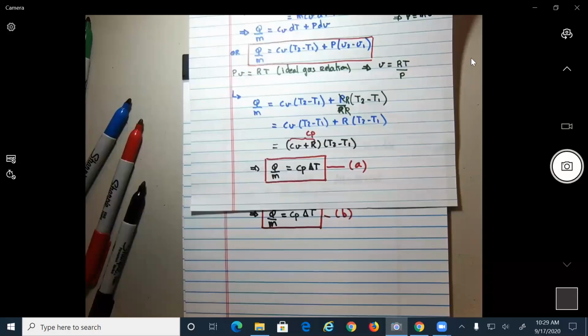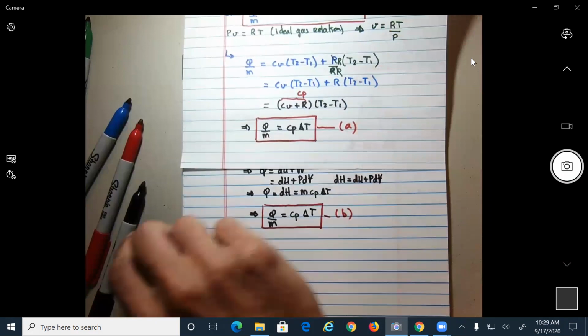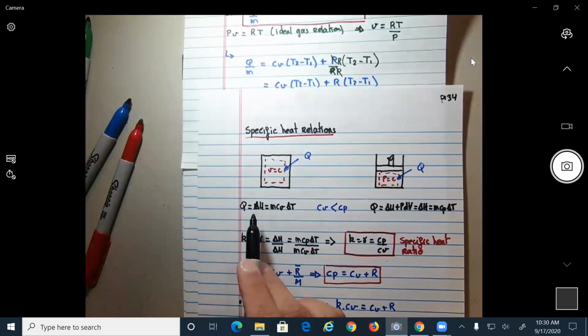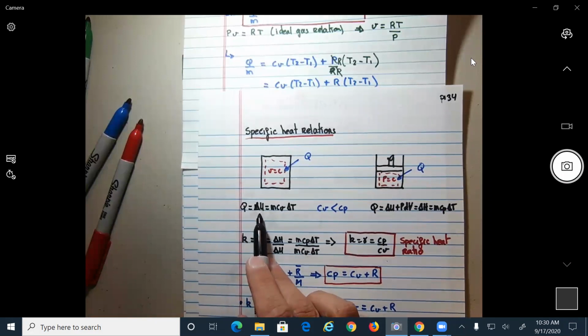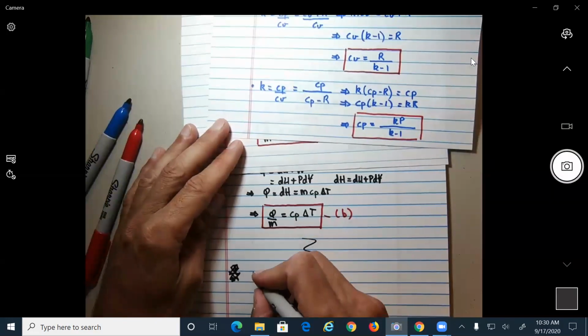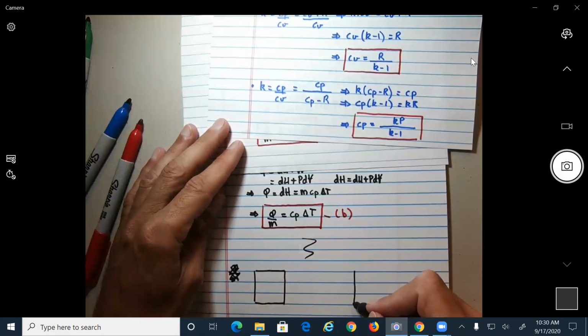Okay, something that is also relevant to this, I'm going to add over here. Let's go back to the initial derivation. In this one, Q is equal to the change in internal energy, for the closed system, constant volume.